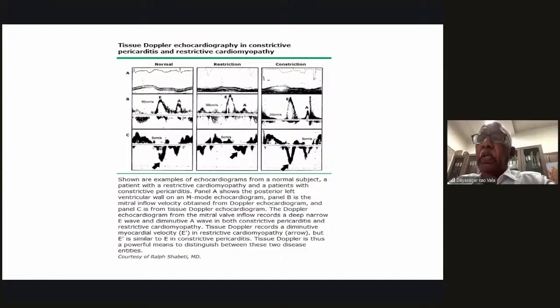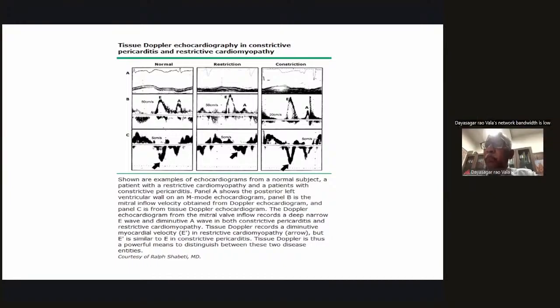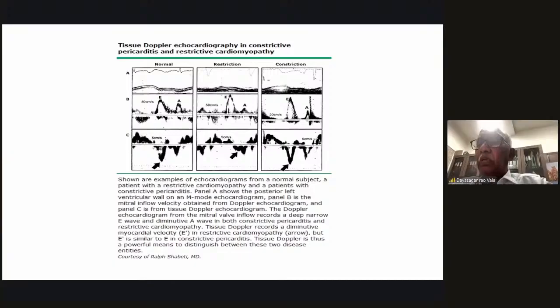Whereas in constriction, you see there is a very tall E wave. The A wave is minuscule, so the ratio is more than 2:1. But compare the E wave of the flow Doppler to the E prime of the tissue Doppler, which is also very much exaggerated.